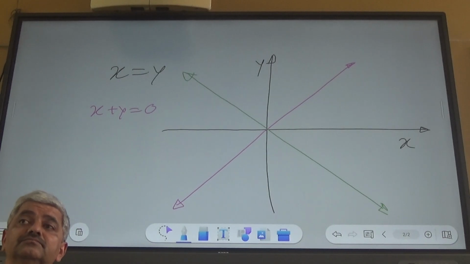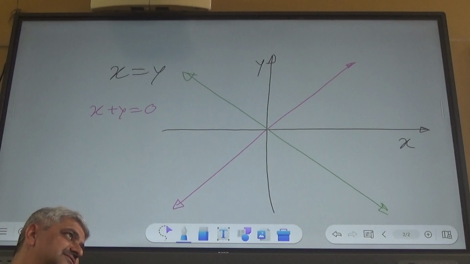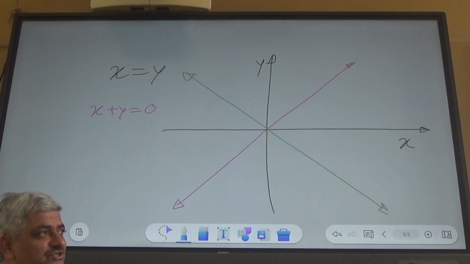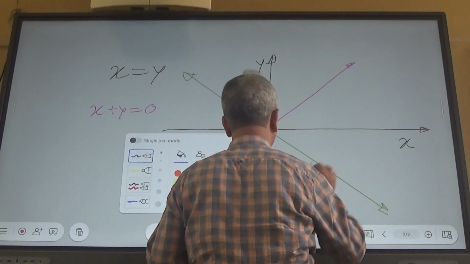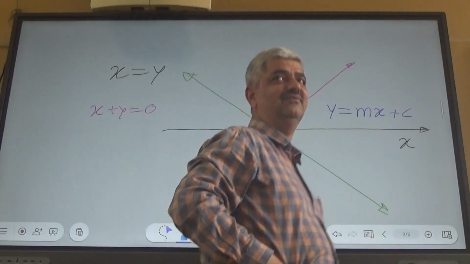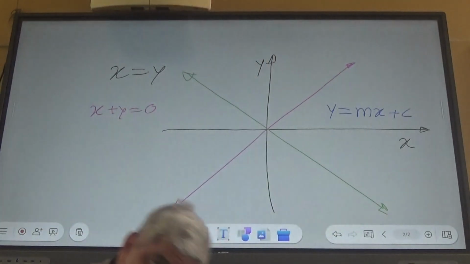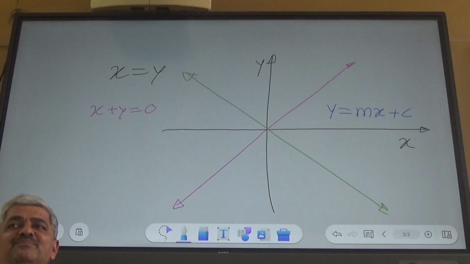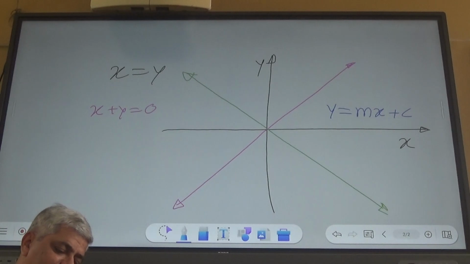X equal to y. Sometimes we are so much slaves of convention. Y equal to mx plus c, what is it? Whether x equal to y is the equation of a line or not, there may be some confusion, but y equal to mx plus c, you will certainly find that it is the equation of a line.